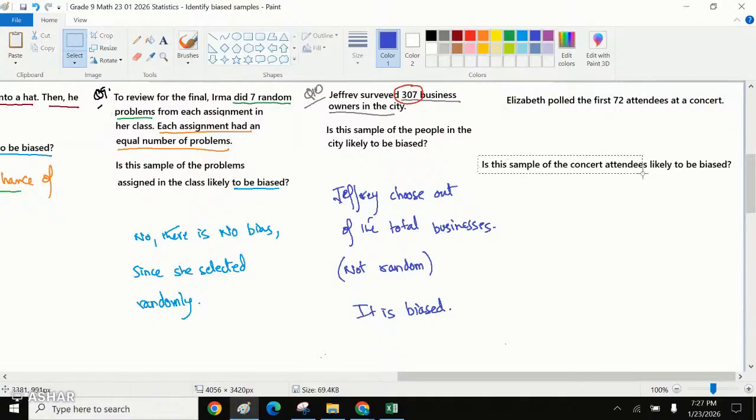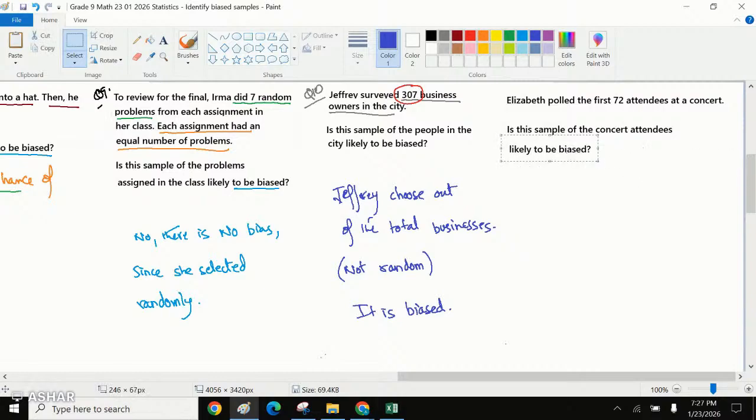Is this sample space likely to be biased? What Elizabeth is doing is she wants to take a survey. Elizabeth polled the first 72 attendees at a concert. Is this sample of the concert attendees likely to be biased, right?